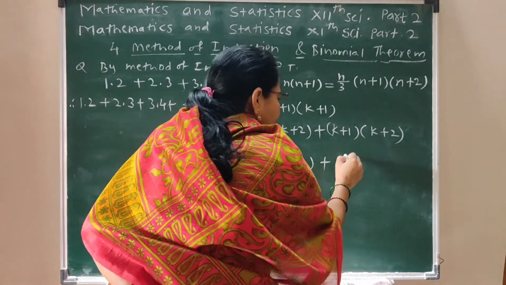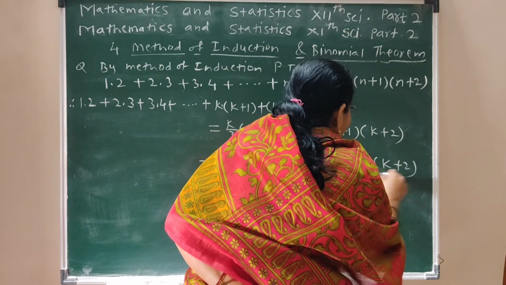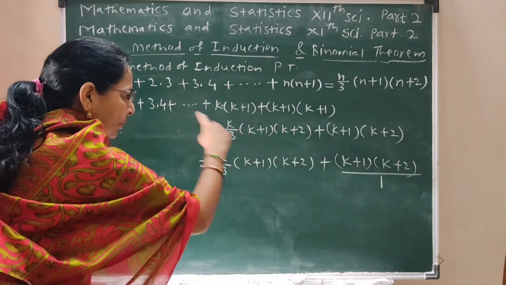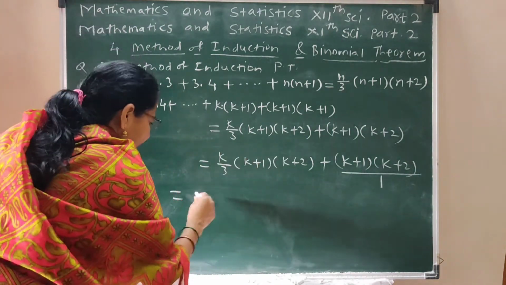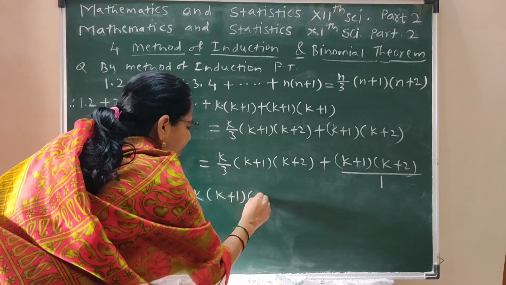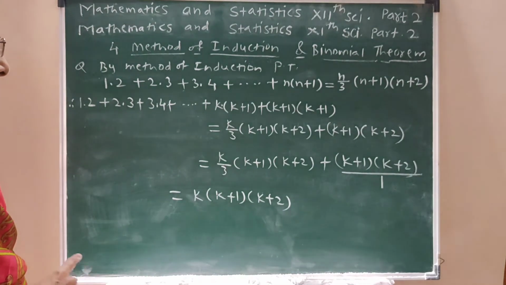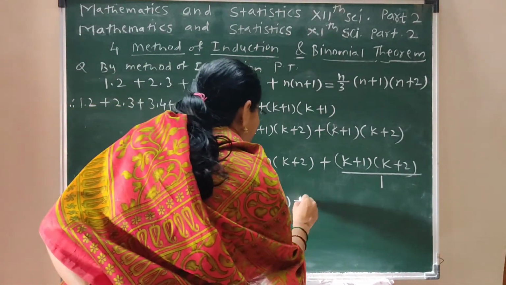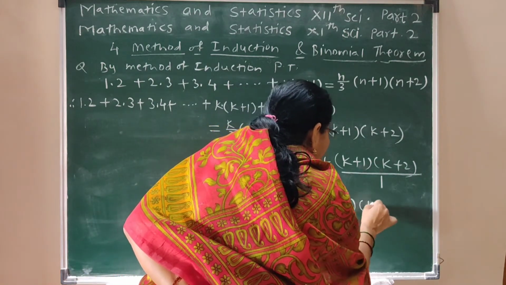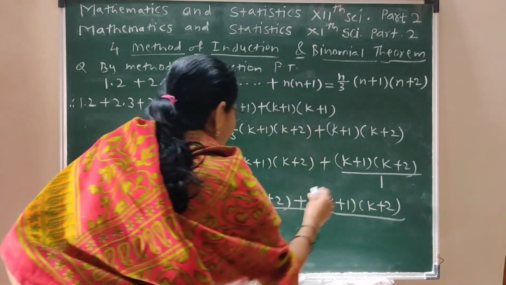So for this term, we take denominator 1 for solving purpose and take cross product: k plus 1, k plus 2 cross product k plus 1, k plus 2, plus 3 into k plus 1, k plus 2. At the denominator, product is 3.